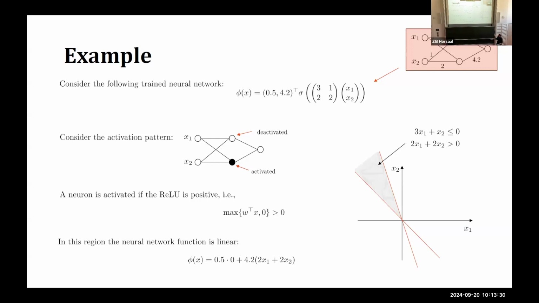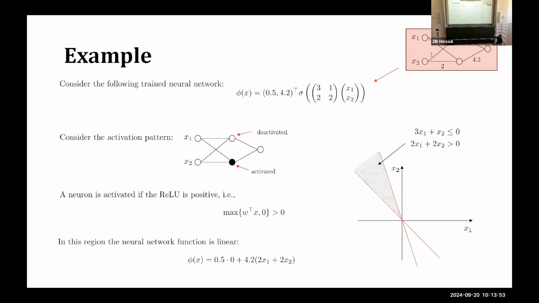And now if you check what the outcome of my neural network is for this activation pattern, you have to multiply what's coming out of the ReLU with the second layer. So 0.5 times 0, because the first neuron is always deactivated, so this is always 0, plus 4.2 times what's coming out of the second neuron.